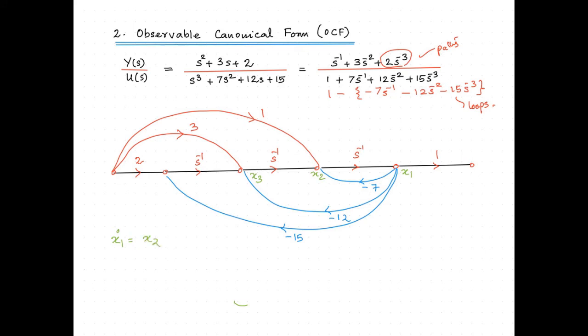So x1 dot will be this node. So we can see it is x2 plus u minus 7x1. x2 dot will be this node. So we have x3 minus 12x1 plus 3u. x3 dot will be this node, minus 15x1 plus 2u, and y is equal to x1 alone.